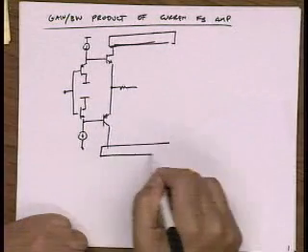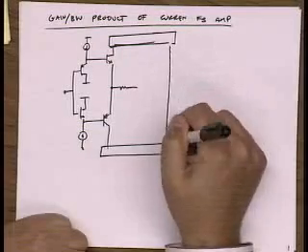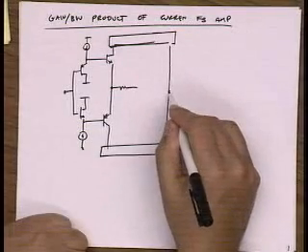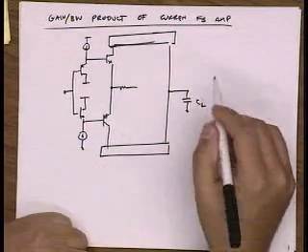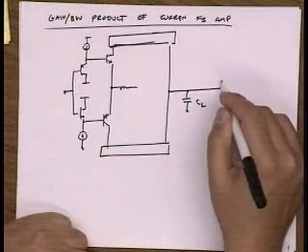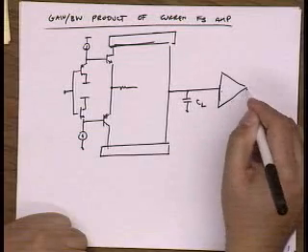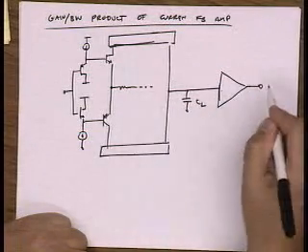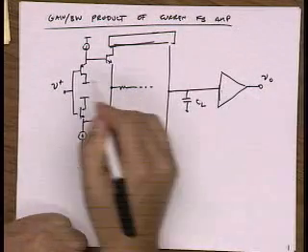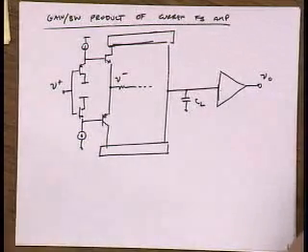We take that current and we mirror it into a high impedance node where we have a compensation capacitance. And then finally we have another buffer stage, and this is our output. So this is V plus, this is V minus.